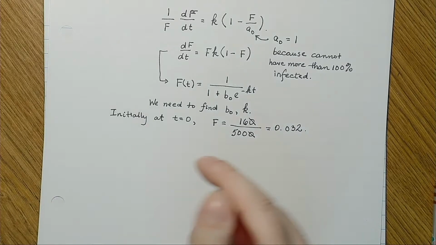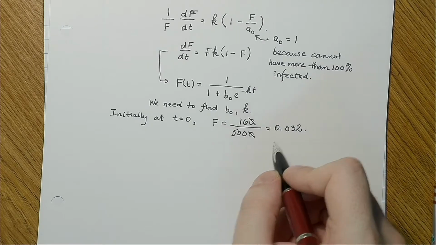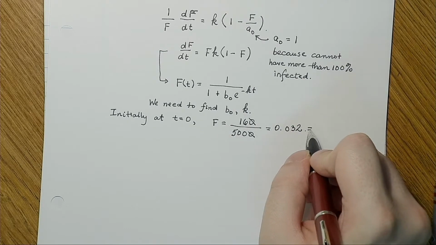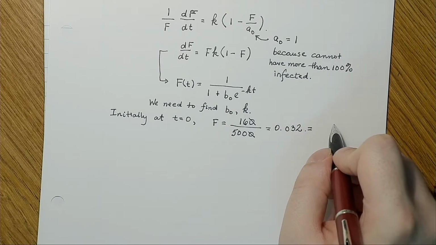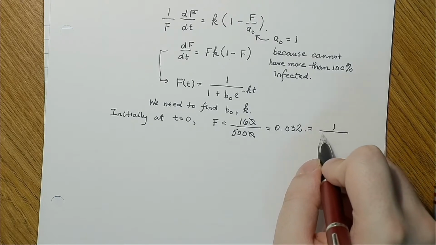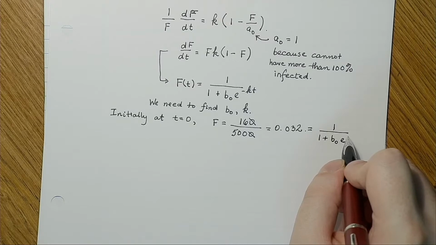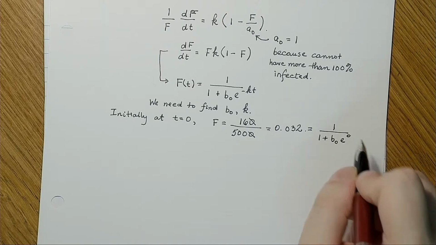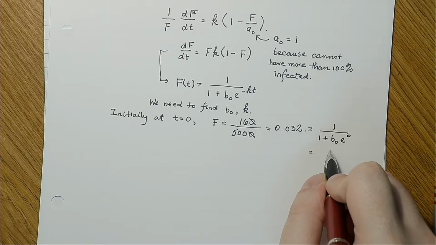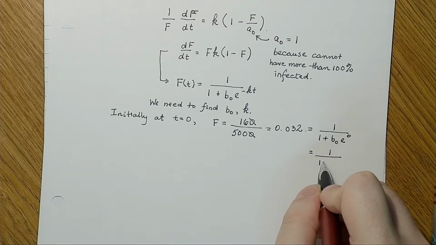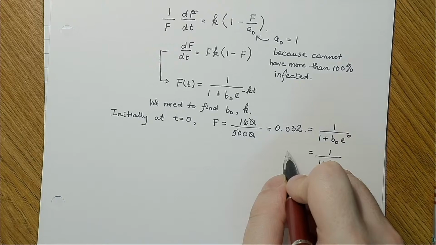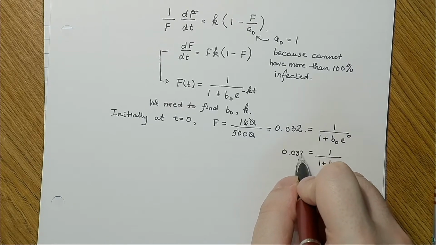What else can we do? We also know that this is equal to 1 over 1 plus b naught e to the kt, but the t is 0, so that exponent is 0. So I have 1 over 1 plus b naught is equal to 0.032.